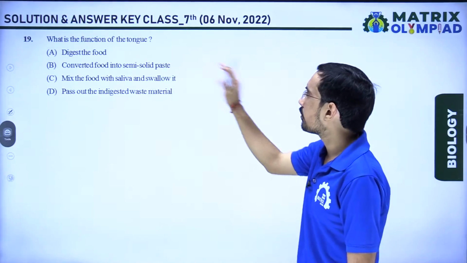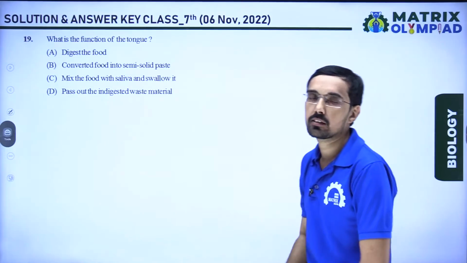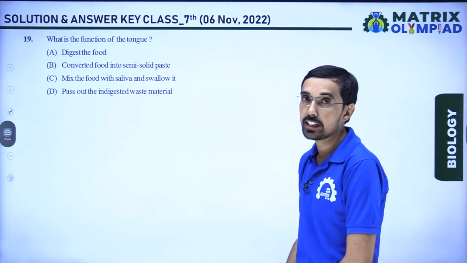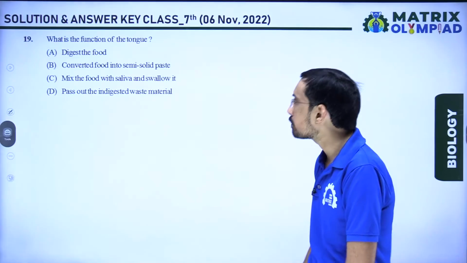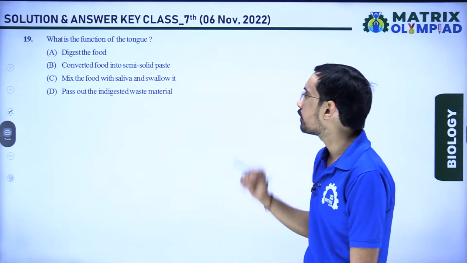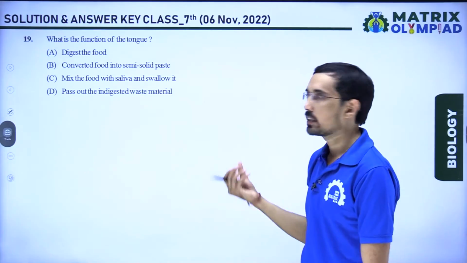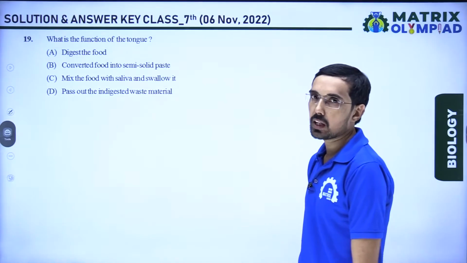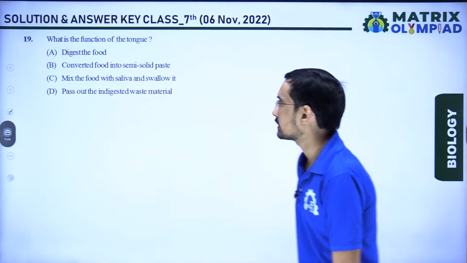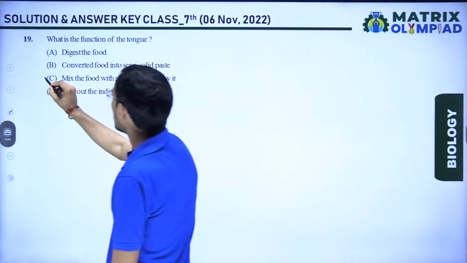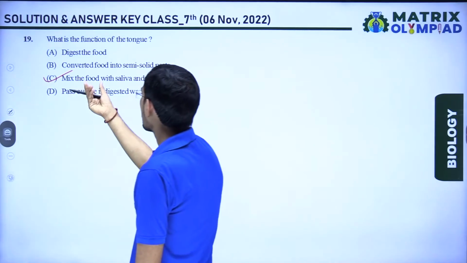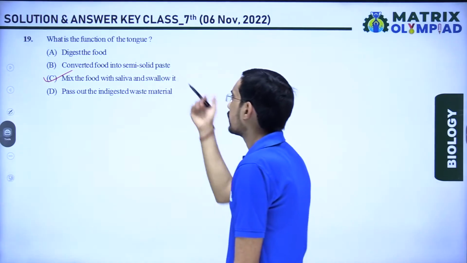What is the function of the tongue? As you all know, the tongue is responsible for taste and it also helps in mixing the food with saliva and swallowing it through the esophagus. So our correct option will be mixing the food with saliva and swallowing it.